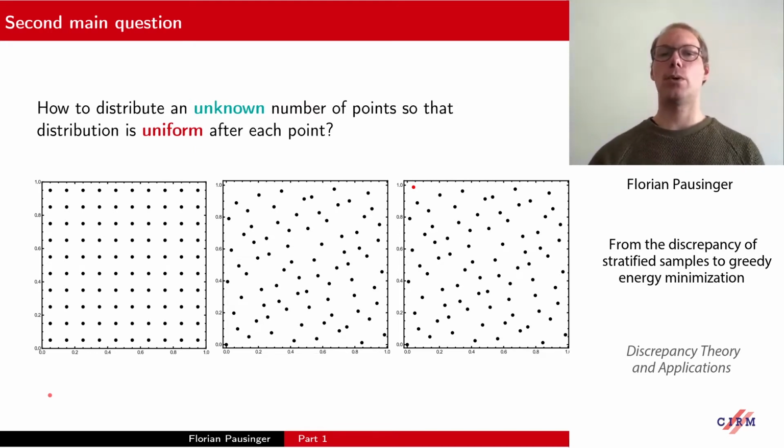Well, you may want to distribute them on a regular grid, but then you have the problem of where to distribute the n plus first point. Wherever you distribute it, you will create local irregularities. The main question of uniform distribution theory is how to construct robust point sets so that you can always add another point without destroying the overall structure.